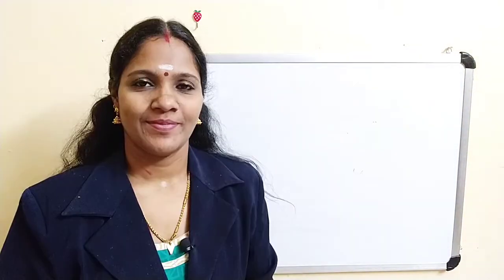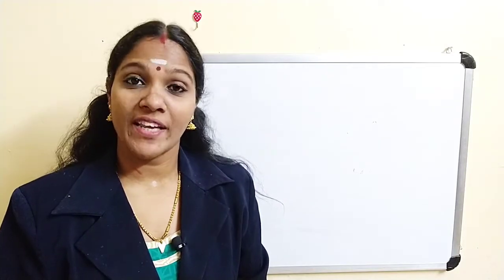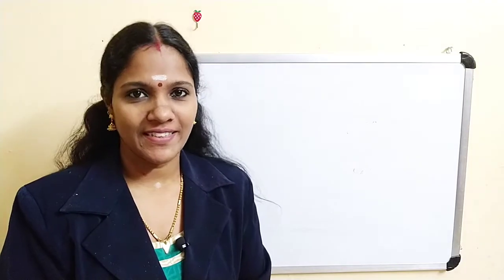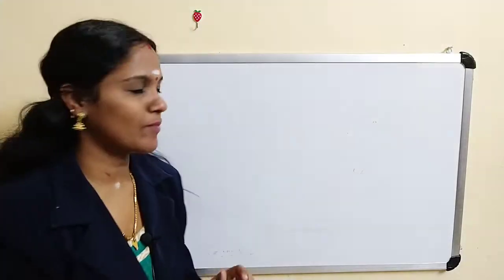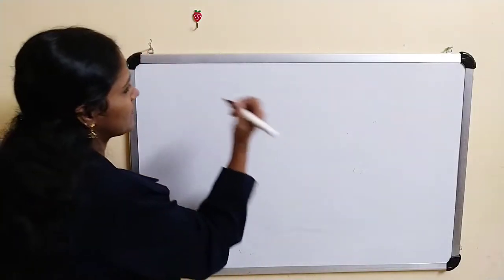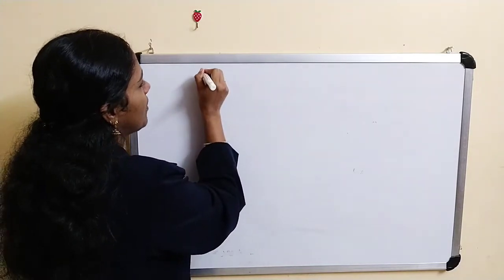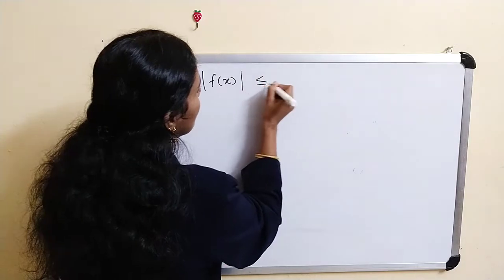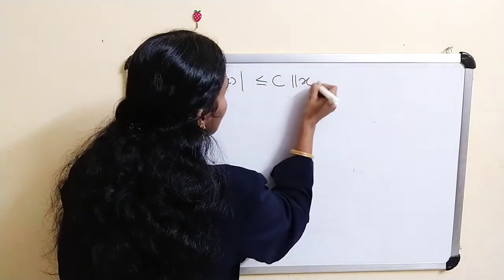Now we have to prove I of x is bounded. We get I of x is a linear function. Now we have to prove I of x is bounded. For proving a functional f is bounded, what do we have to prove? Mod f of x is less than or equal to some c into norm of x.